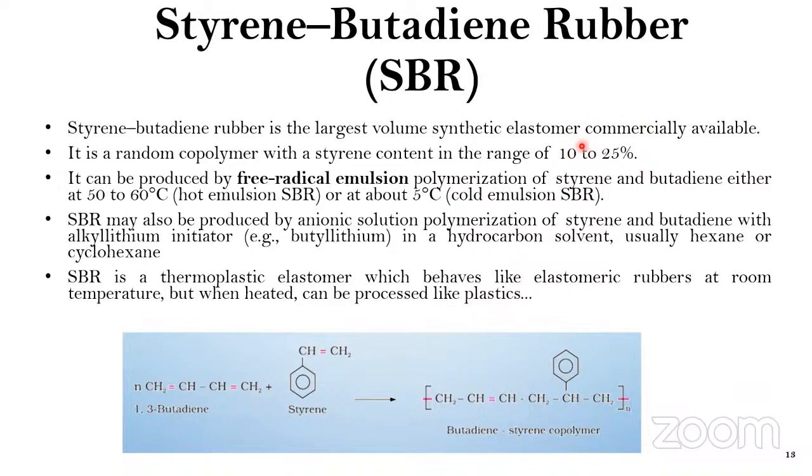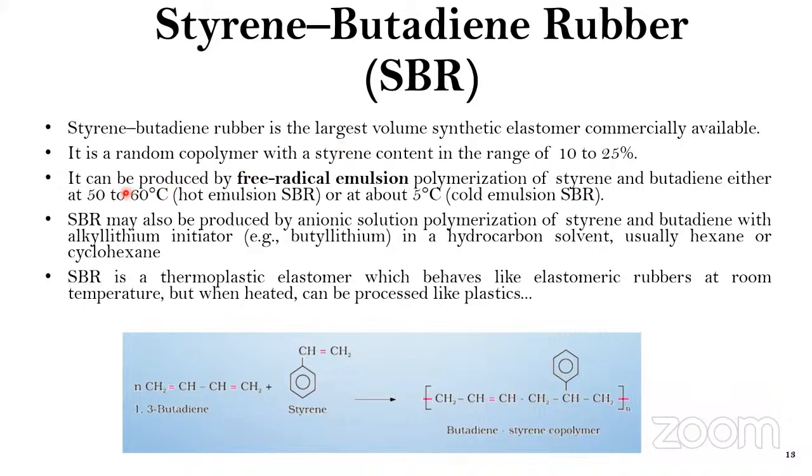I think I have repeated 4 to 5 times in today's lecture that we do copolymerization or add additives to overcome the limitations of a particular polymer and to get the benefit of the required application. In SBR, the styrene content is about 10 to 25%.